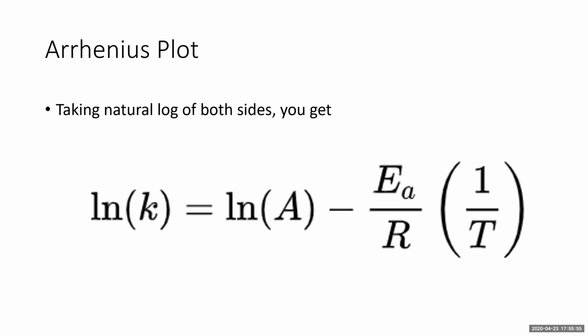You can see from here that you will have the pre-exponential constant by itself, which will be the constant term, and then you'll have something that depends on 1/T. You'll be able to use this to solve question 3. Does anyone have any questions?